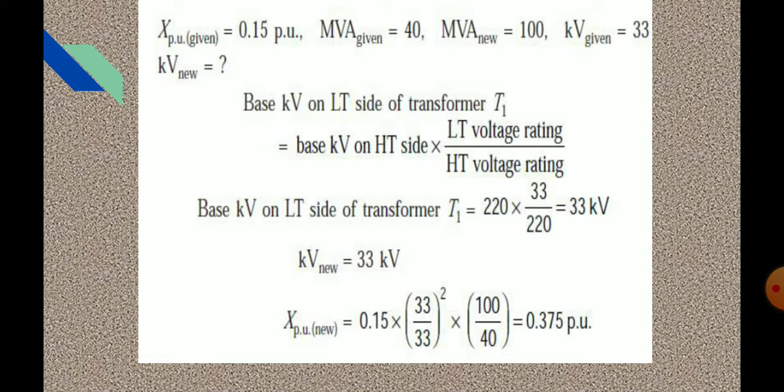The base kilovolt on the high tension side is 220, multiplied by the low voltage rating 33 divided by the high voltage rating 220. So we get the final value as 33 kilovolt, and this is substituted in the formula. X per unit new is equal to 0.15 into (33 divided by 33) the whole squared into 100 divided by 40. Our final value is 0.375 per unit.